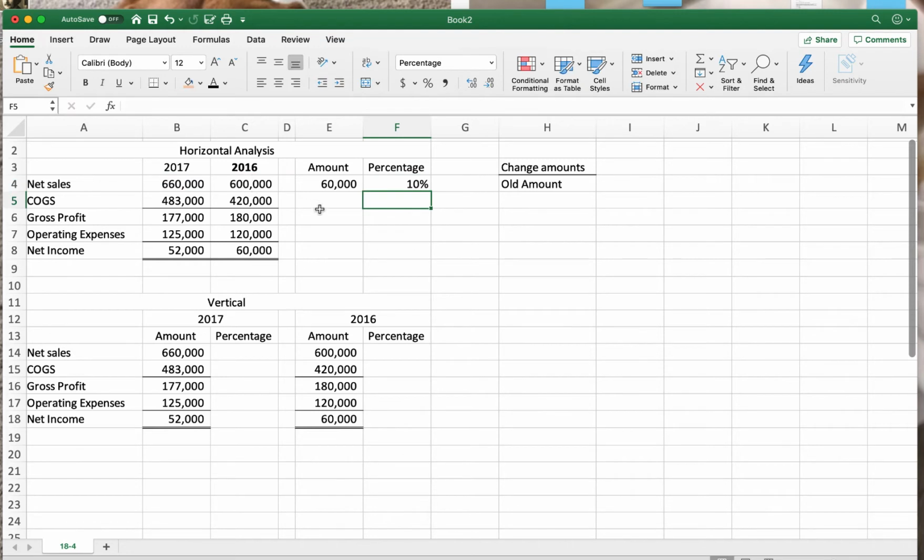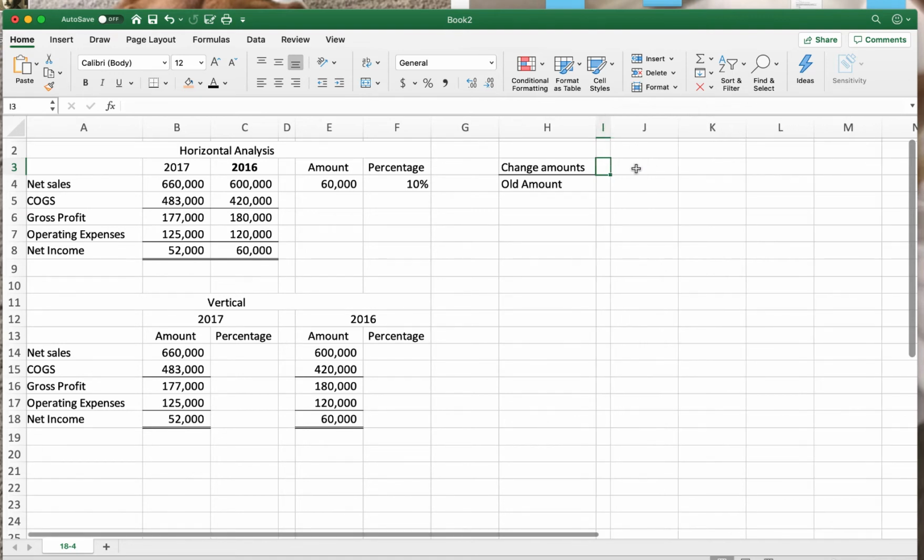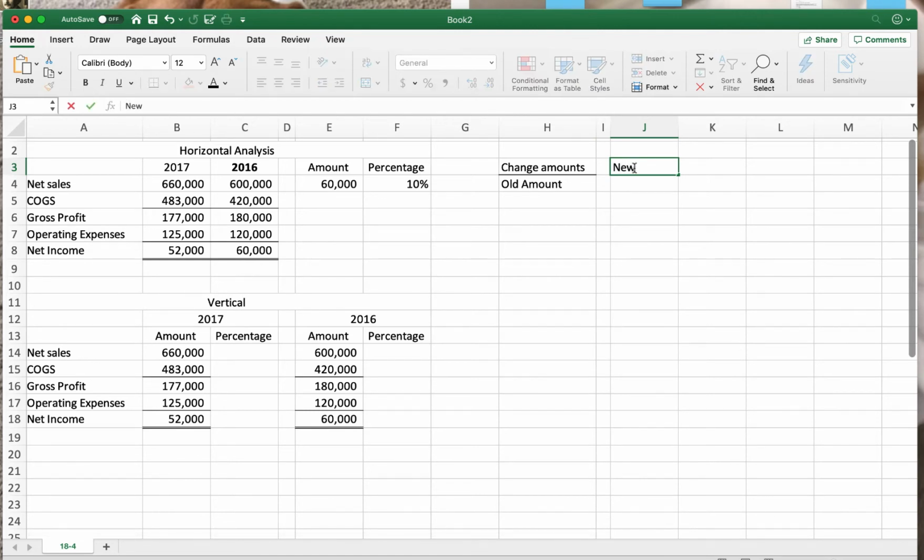And we get 10%, okay? Another way to think about it is we take the new amount minus old amount, and then we divide by the old amount, okay?